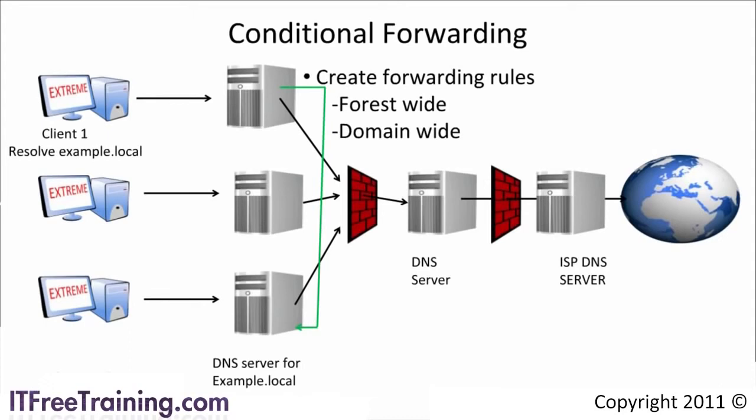This means you create the rule once and all your DNS servers will forward the request correctly without any more configuration. All you have to do is set the option to replicate the rules to all domain controllers. Once set, the rule will replicate to all domain controllers in your domain or your forest.